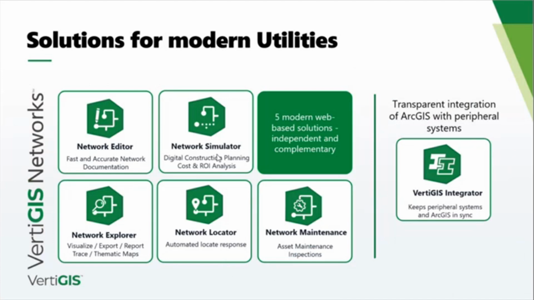The most important are the Network Explorer and the Network Editor. The Explorer is to view and analyze the utility networks. The Network Editor is to edit these networks. The Simulator is actually meant for planning of the networks. The Network Locator is for underground automated location response of the networks. And Network Maintenance is again for asset maintenance.